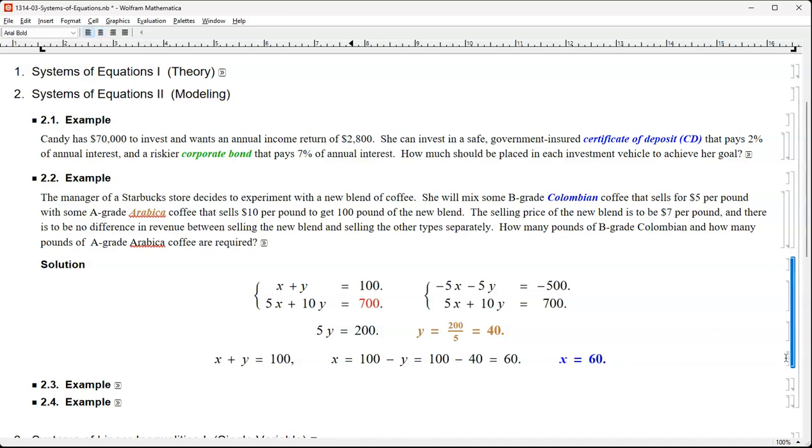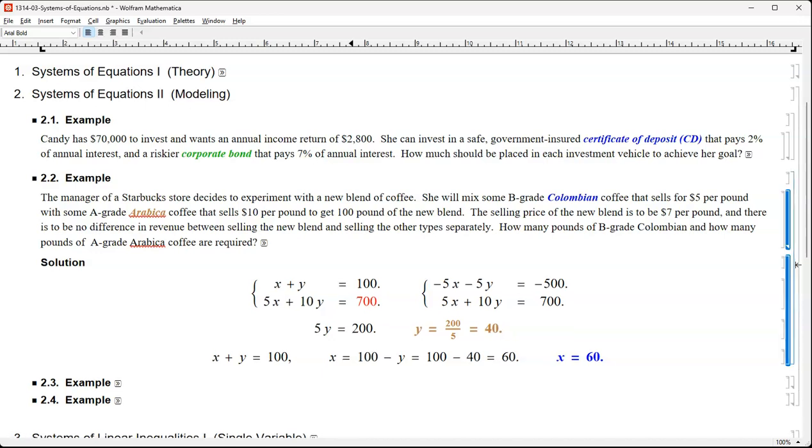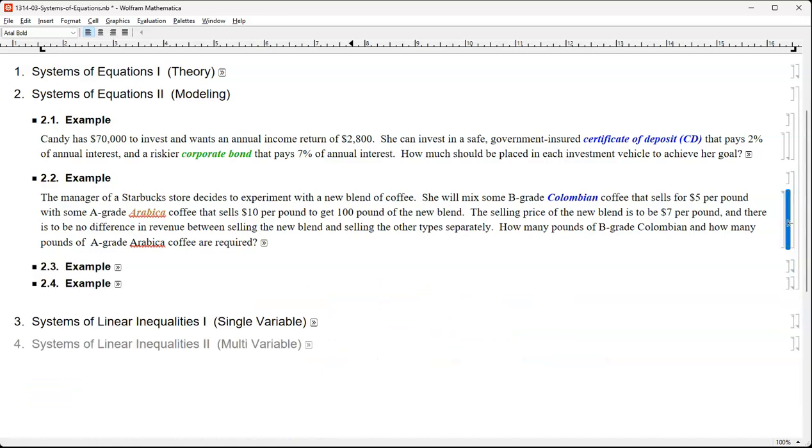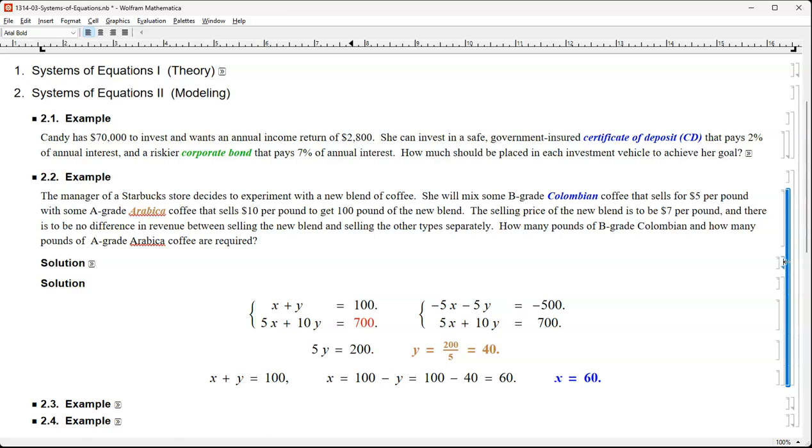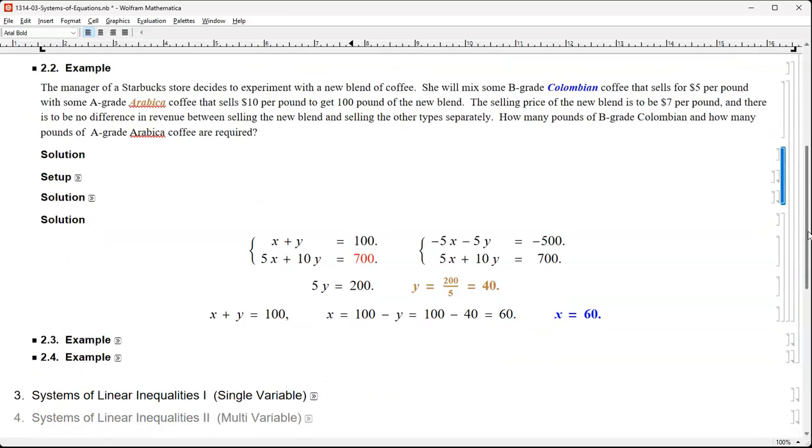That's the conclusion. So that's what I got from the method of substitution. Excuse me, that's what I got from method of elimination. What will you get from the method of substitution?